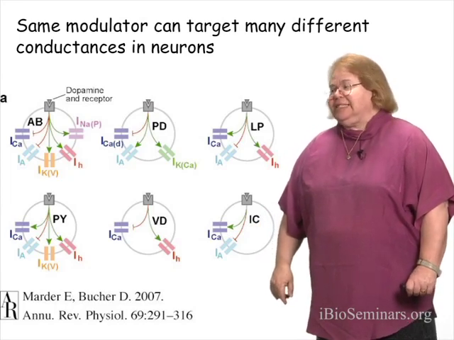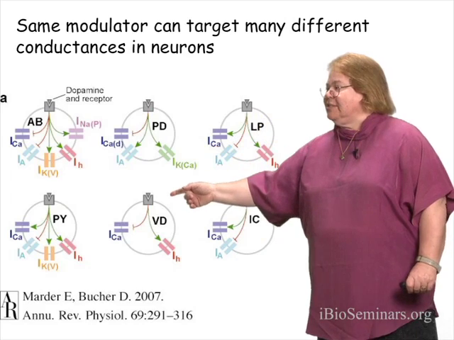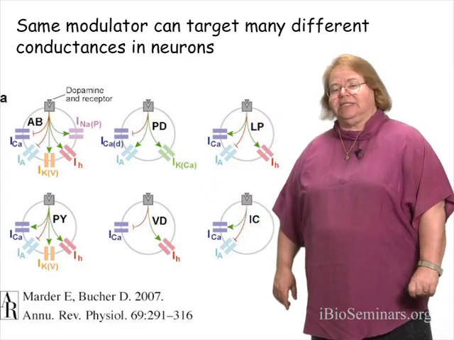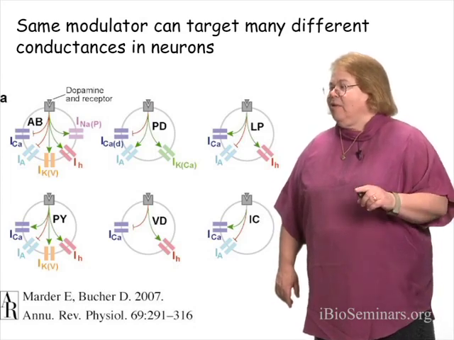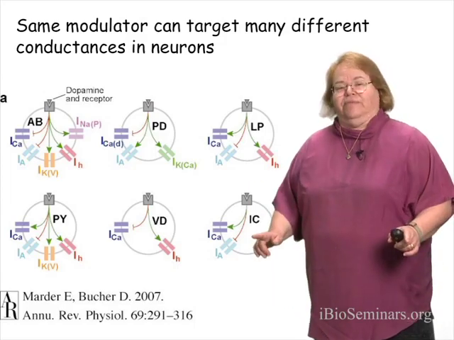What Ron did is he characterized the dopamine responses on each of the neurons in the stomatogastric ganglion, and he asked which currents were the direct targets of dopamine. Every cell had multiple targets for dopamine action, but they were different.